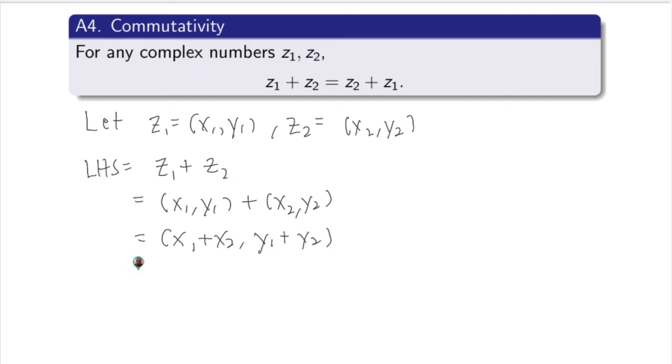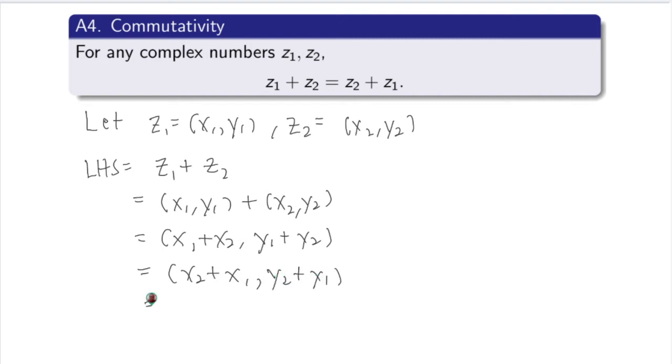Again, working on the components, we have the real number x1 plus x2. But since the set of real numbers is commutative, this can be written as x2 plus x1. Similarly, the imaginary part can be written as y2 plus y1.